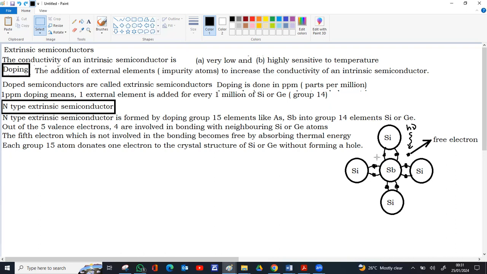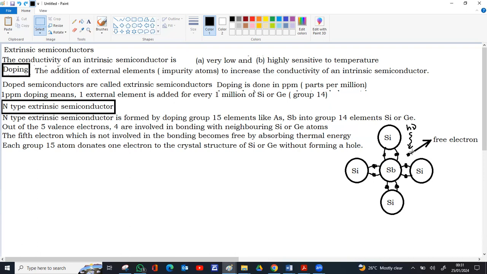Other than this doping effect, there are free electrons and holes formed in silicon crystal also, that will be forming equal free electrons and holes. So holes are only formed due to thermal excitation from silicon atoms. Free electrons are formed due to thermal excitation from silicon atoms as well as donation by group 15 atoms.